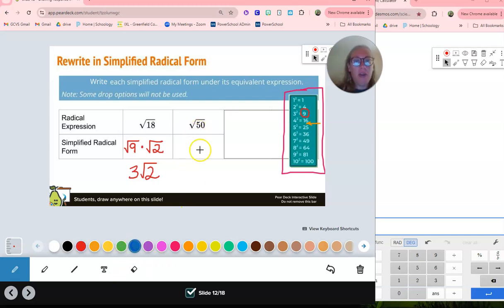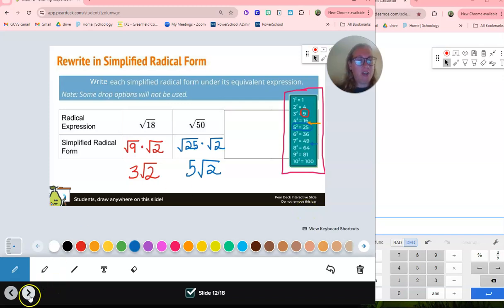For the square root of 50, 50 is not a perfect square, so I look for numbers smaller than 50 that multiply to 50, and I see 25. 25 times 2 gets us 50. So the square root of 50 is the square root of 25 times the square root of 2. The square root of 25 is 5, so we get 5 root 2. Again, we can't simplify that root 2, so we leave it as is.